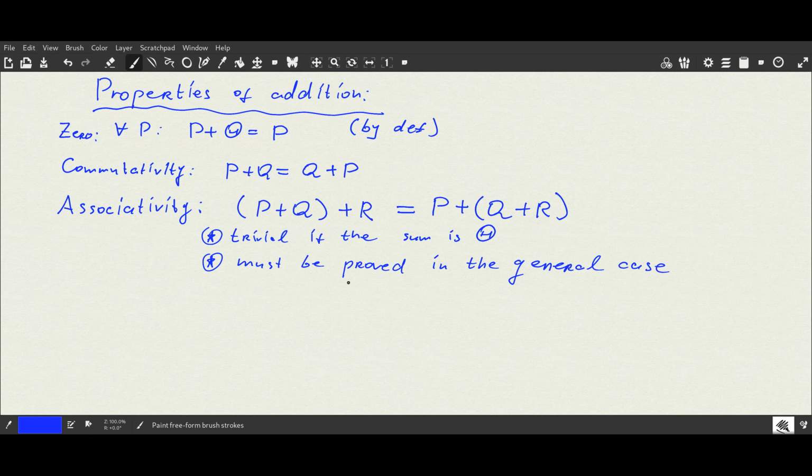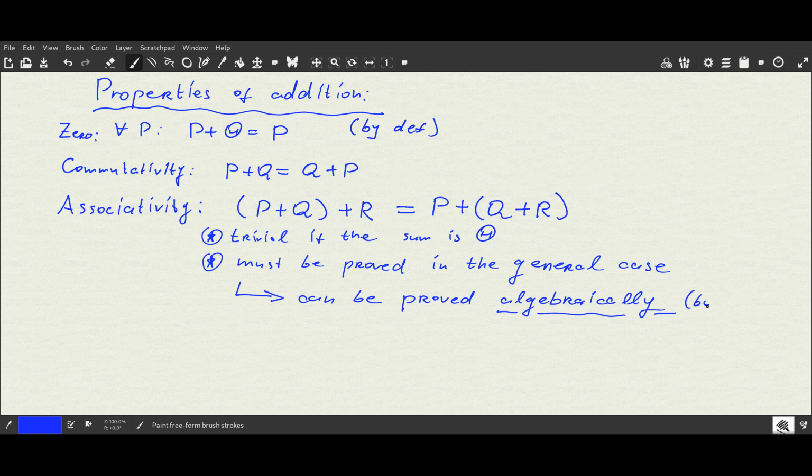I will not dwell on them in detail. So yes, it can be proved, for example, algebraically using the formulas we have developed, but it is tedious. So we take it without a proof that associativity also holds.